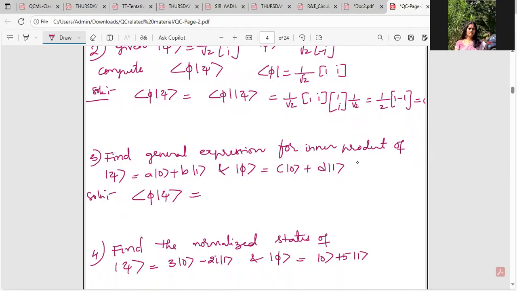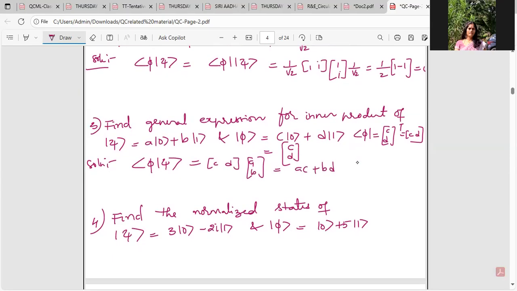As a vector, this one gives me something like C and D, so this is nothing but C and D transpose. This is the row vector, so CD and this is AB. I'll be getting AC plus BD.